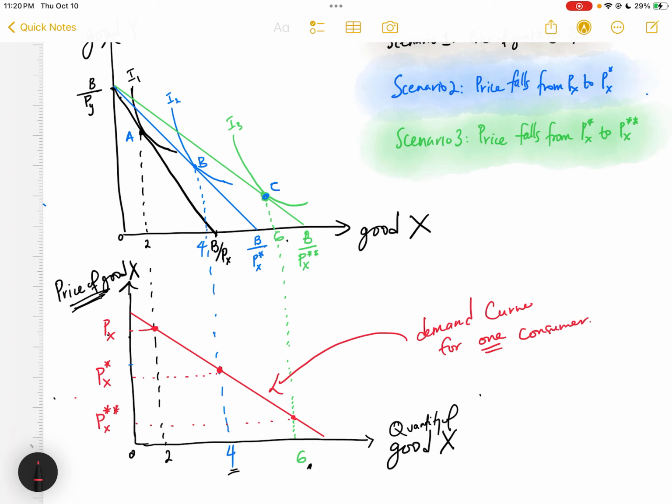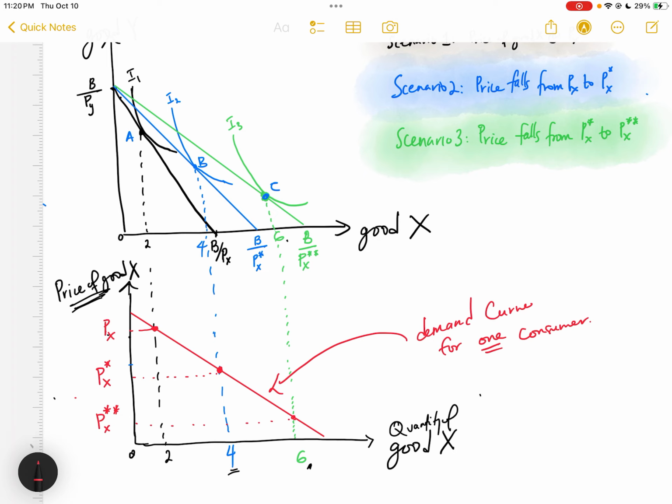Wait a minute, one consumer? Yes. Remember, when we started looking at consumer choice, we looked at one person's budget, right? That one person's income and the prices that one person faced.